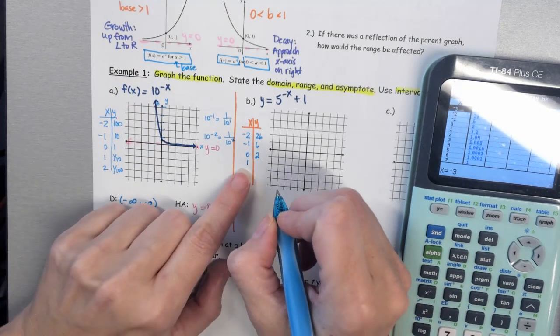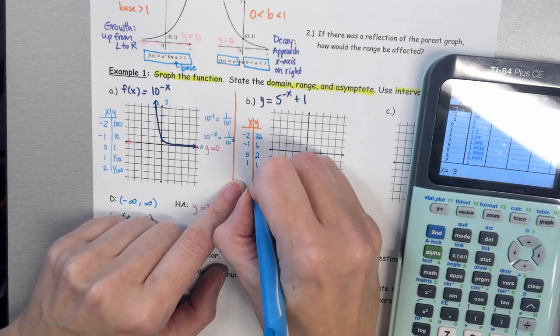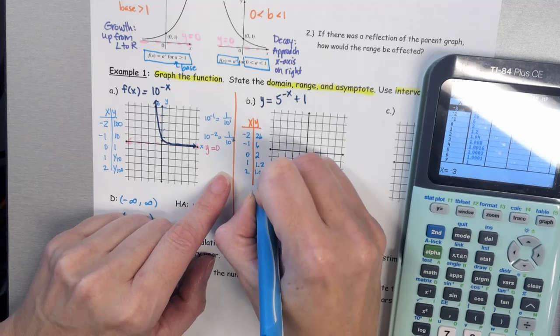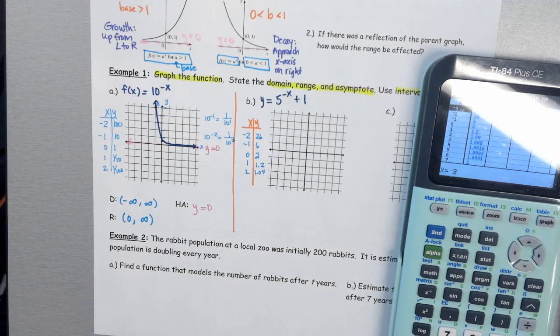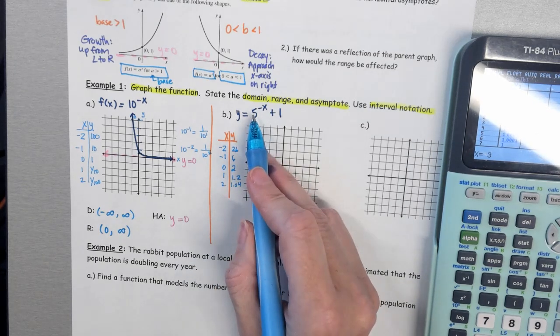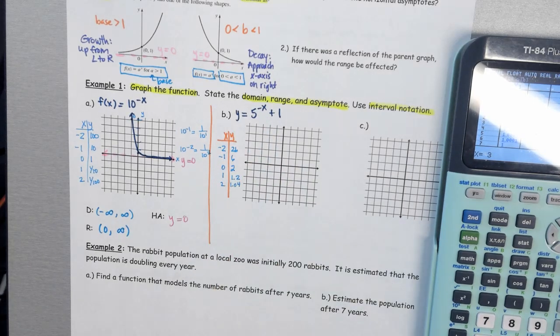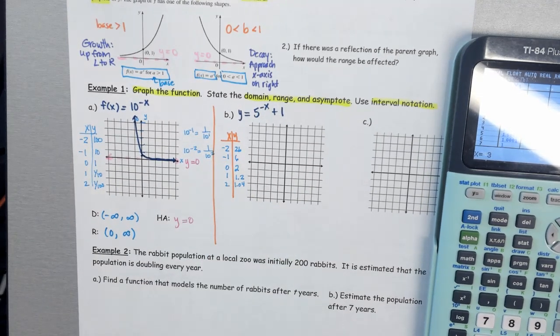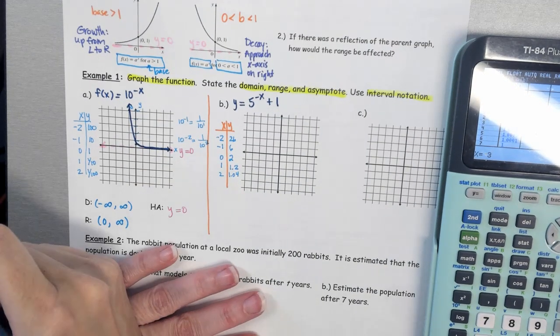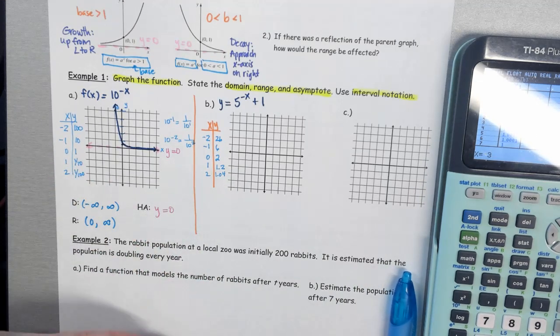Okay, so you have 1 and a 1.2, you have 2, 1.04, and then you could also write those as fractions. If you have 5 to the -1, it's just 1/5 plus 1, so this is 1 and a fifth. Okay, if it's to the -2, it's 1 and 1/25. All right, and then let's go ahead and put in our horizontal asymptote.